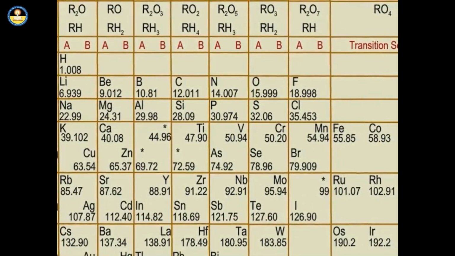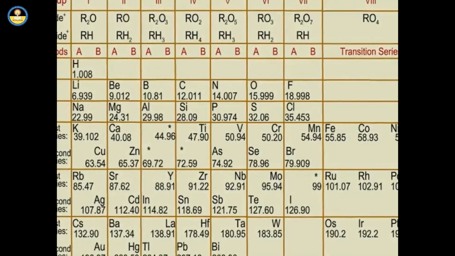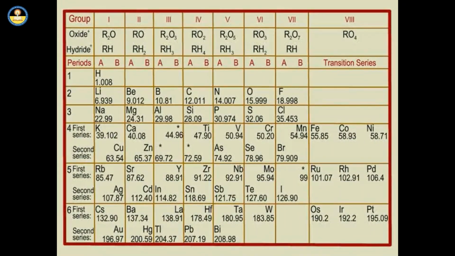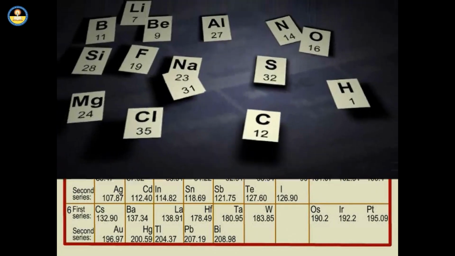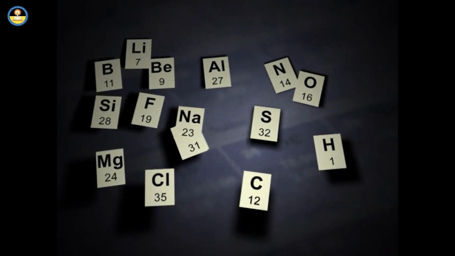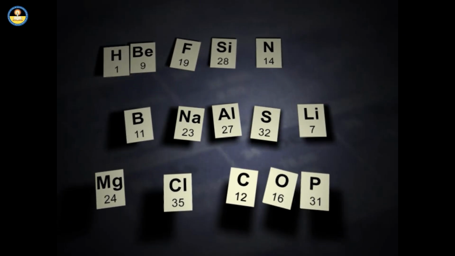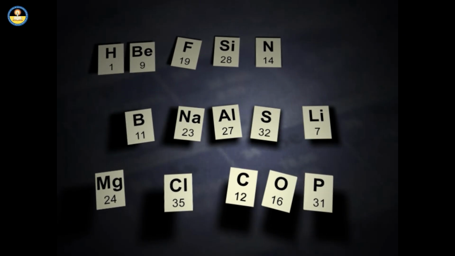At the time when Mendeleev gave his periodic table, only 63 elements were known. He then took 63 cards and on each card he wrote down the properties of one element. He sorted out the elements with similar properties and pinned the cards together on a wall.